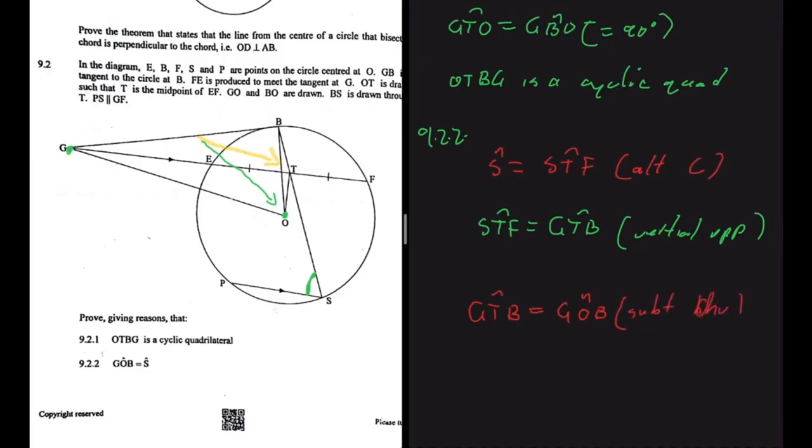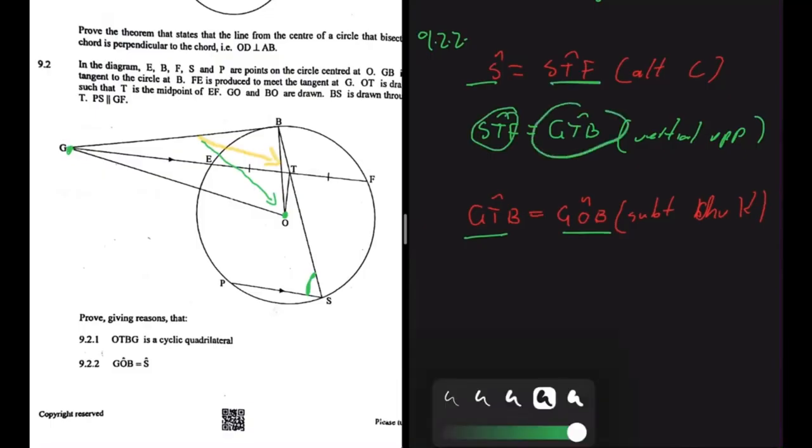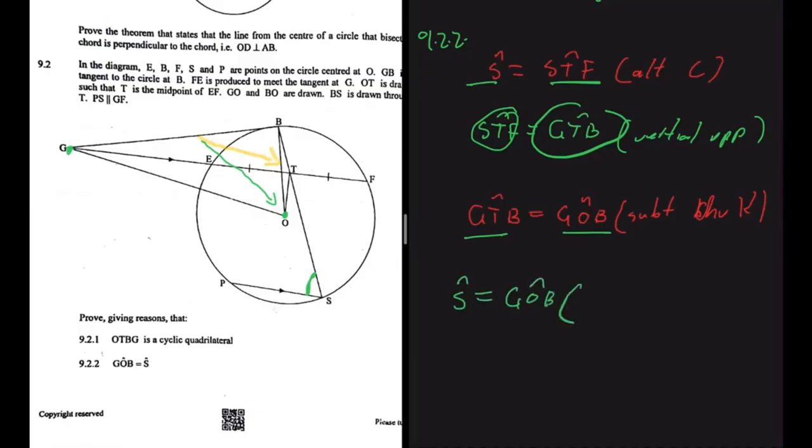So now you can see that GOB is equal to GTB, and here we say that S is equal to STF, but STF is equal to GTB. So now we can say that angle S is equal to angle GOB. Why are we saying that? They are all equal to angle GTB.